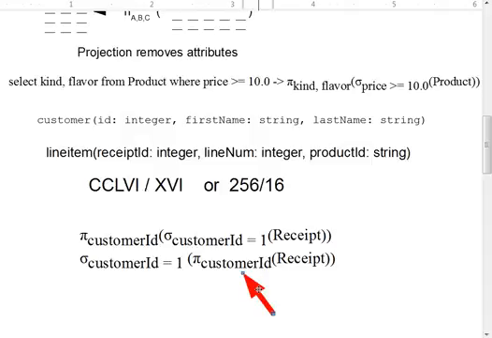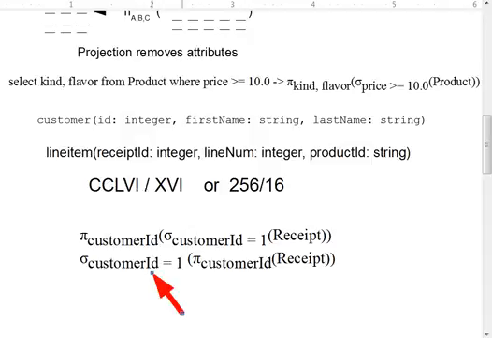If you think about it, yeah, they really do produce the same result. If you first select the tuple with customer ID 1 and then project it to just the customer ID, that produces the same result as first projecting the entire relation to customer ID and then selecting only the tuple with customer ID equal to 1.